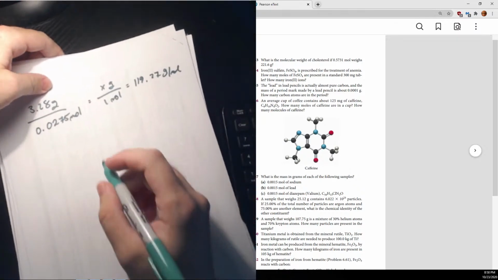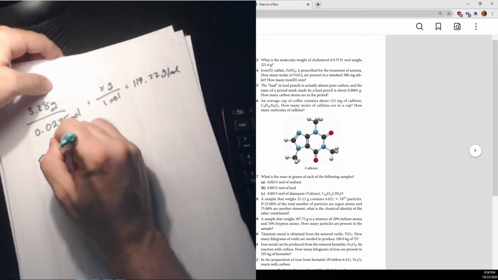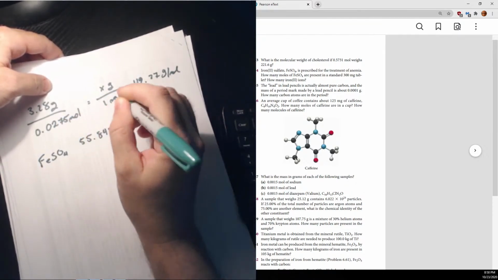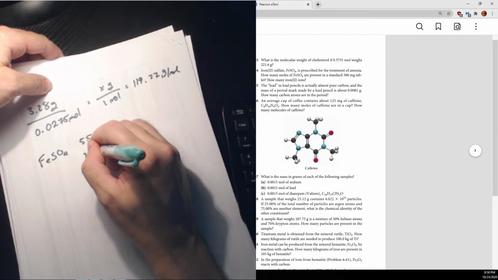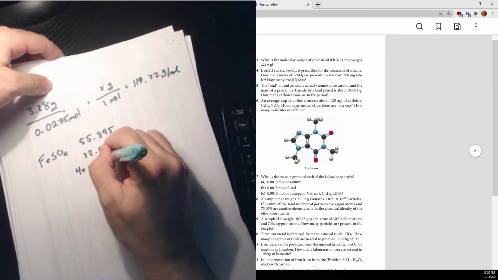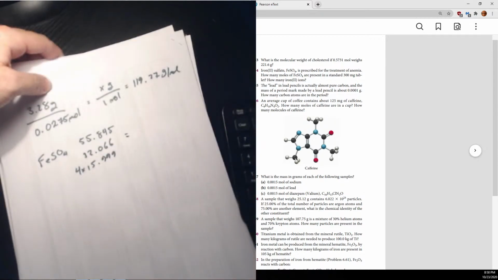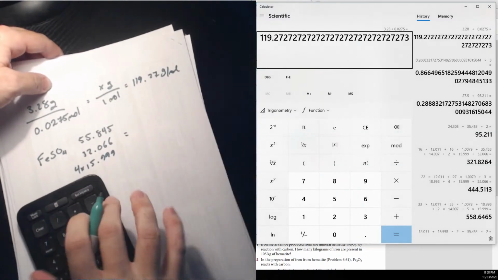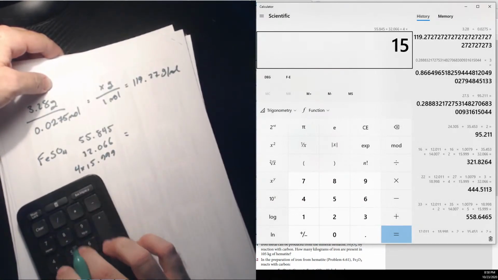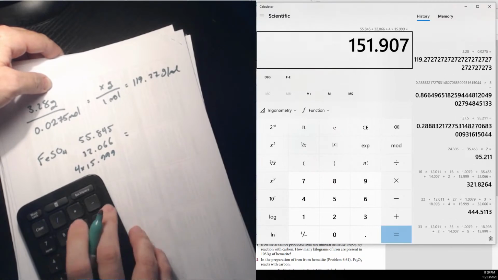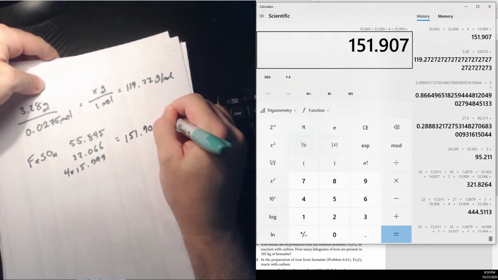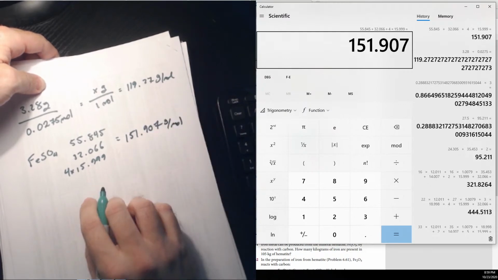Okay, so iron 2 sulfate has a molar mass of 55.845, 32.066, and 4 times 15.999. 151.907 grams per mole.